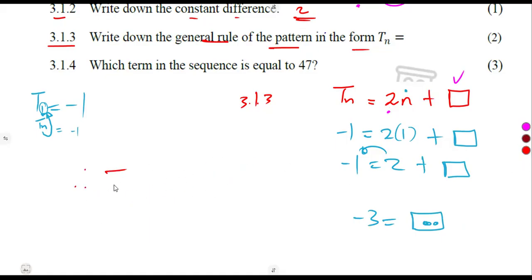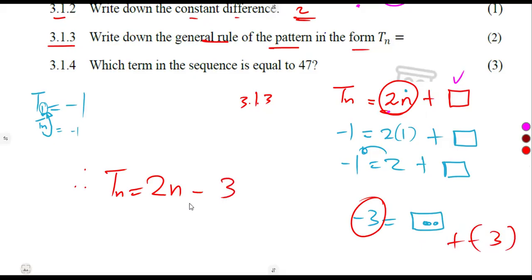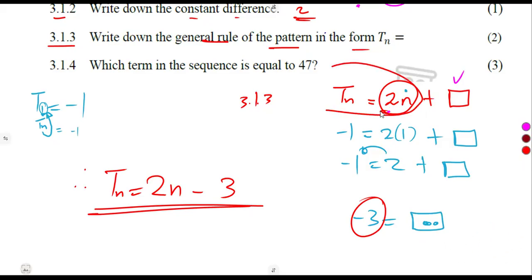So therefore, our Tn is equal to 2n plus what must be added, which is -3. So remember, plus and minus will give us a minus at the end. So that is it. What must be added to this part is -3.